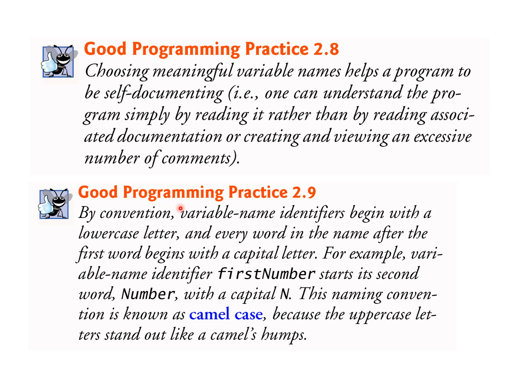The second good programming practice is to name variables by convention, in which variable name identifiers begin with a lowercase letter, and every word in the name after the first word begins with a capital letter. For example, variable name identifier firstNumber starts its second word, Number, with a capital N. This naming convention is known as camel case because the uppercase letters stand out like a camel's humps.